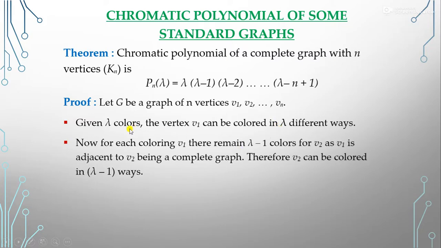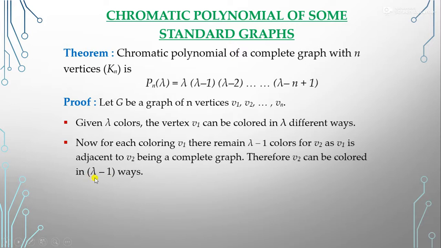Now for each coloring of v1, when we color the vertex v1, how many colors are remaining? Lambda minus 1 colors remain. So for v2, as v1 is adjacent to v2, because in a complete graph each vertex is adjacent to every other vertex, when we color v2, which is adjacent to v1, how many ways do we have to color the second vertex?